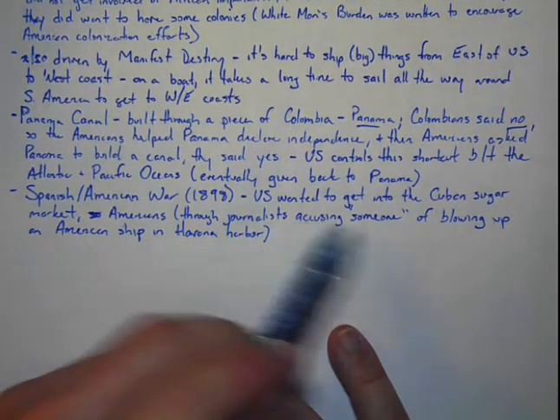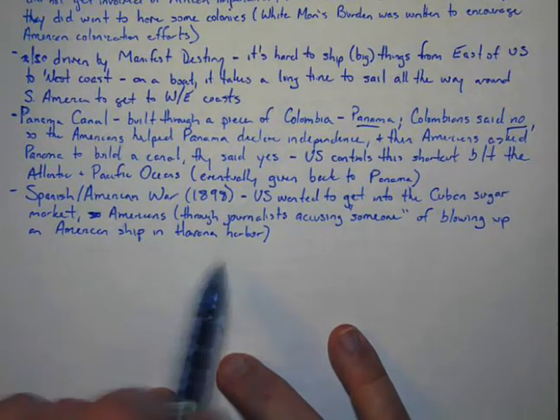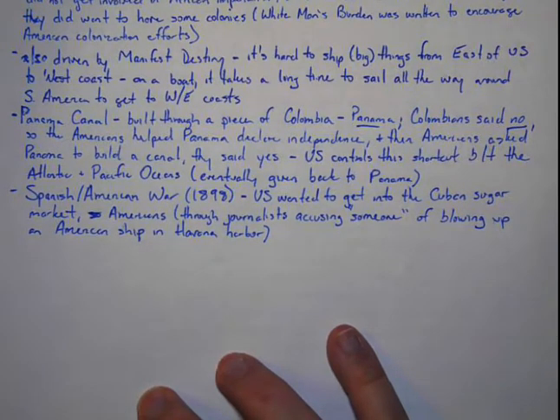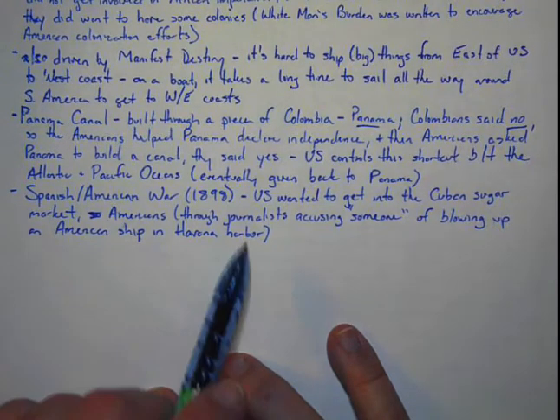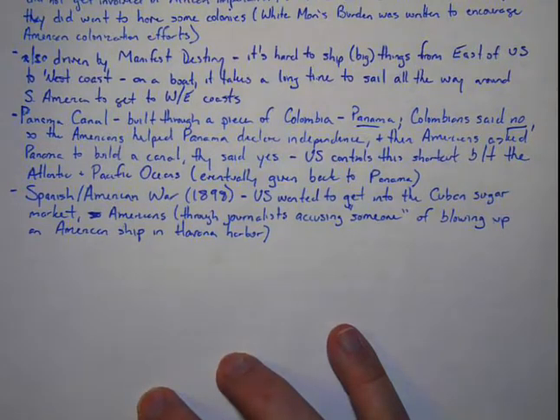Now, this is a pretty famous incident. The ship was the USS Maine, and it blew up in Havana Harbor. American journalists said somebody blew it up, probably the Spanish. Most recent investigations said it was just an accident, that one of the engines exploded.